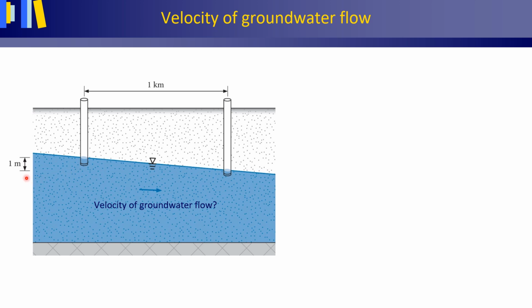This difference in hydraulic head is established over a distance of 1 kilometer. The hydraulic gradient for this phreatic, or another word for this unconfined water flow, may then be taken as this minus 1 meter divided by 1000 meter, or 0.001.